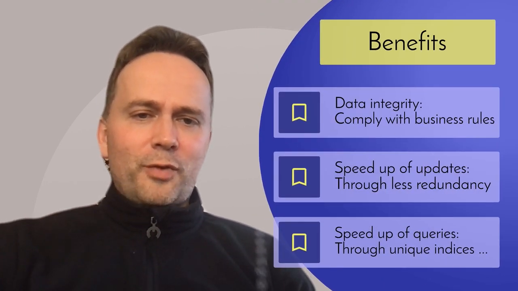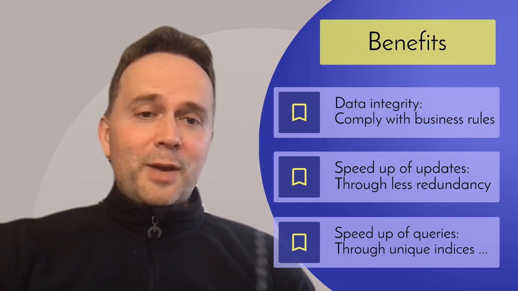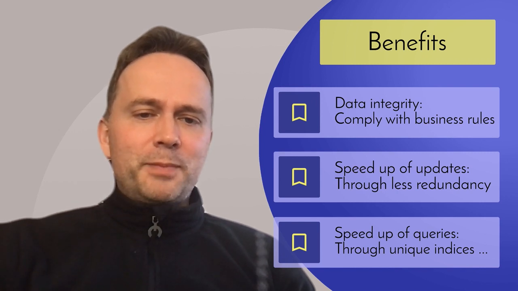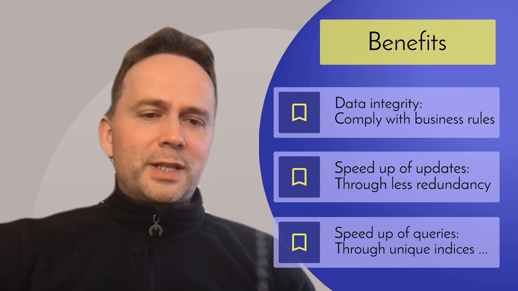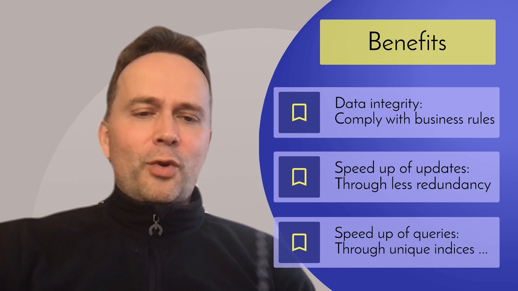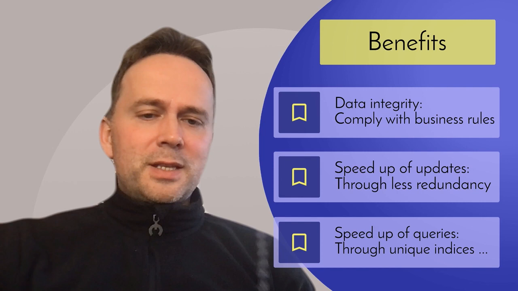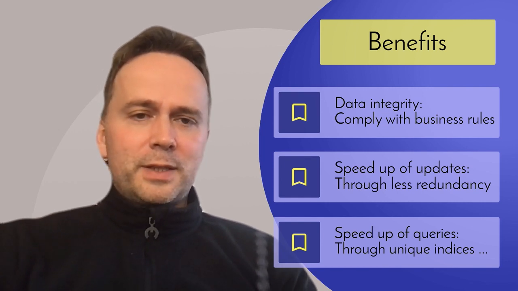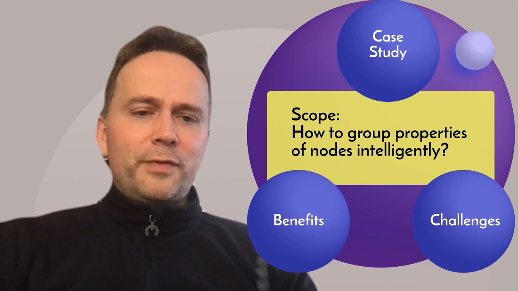For example, in the form of data integrity, where we can comply with business rules of the underlying domain in a way that leads to efficient updates by reducing the number of redundant data value occurrences. If we can enforce functional dependencies by keys, that will allow us to introduce unique indices and therefore also speed up queries. So these would be classical benefits.